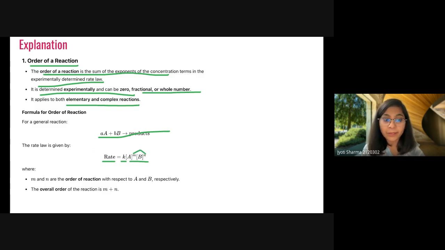This m and n give you the order of the reaction, and the overall order of the reaction will be m plus n. Just keep in mind, this m plus n is not equal to a and b. So that's why there is no correlation between order of the reaction and molecularity.